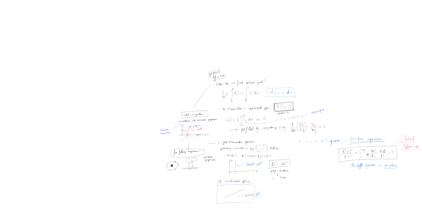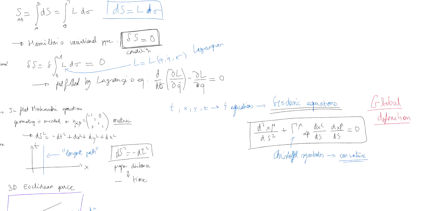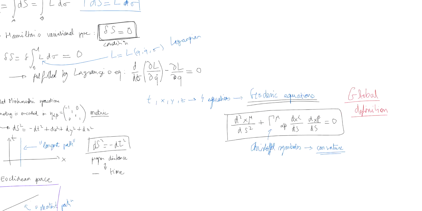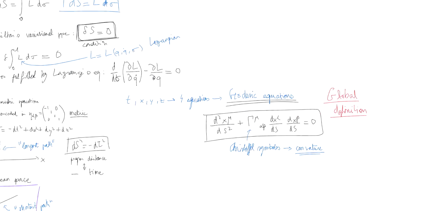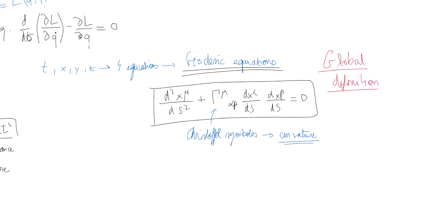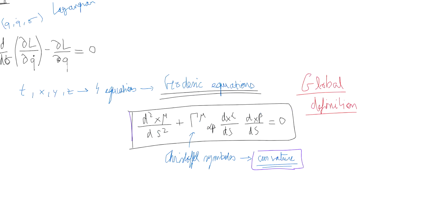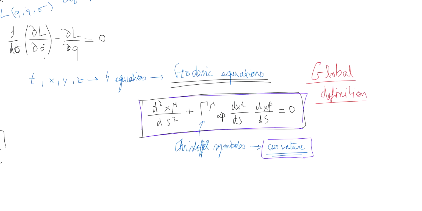So working out the algebra from Hamilton's variational principle, which is fulfilled by Lagrange's equation, you find the geodesic equations from which you can read off the Christoffel symbols. And the Christoffel symbols tell you everything you need to know about curvature. And this very important equation corresponds to the global definition of what we call geodesics. It's the geodesic equation.